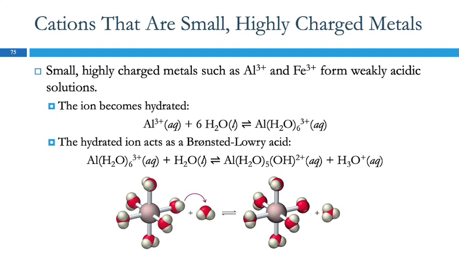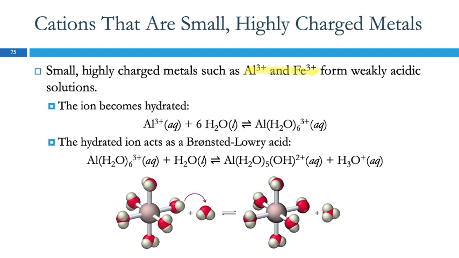If we find these on the periodic table, we see that aluminum is in period 3, and iron is in period 4, meaning they are small relative to the other metals, right? As you go down in the periodic table, atoms get larger. And these have high charges, +3. So these two you need to remember.